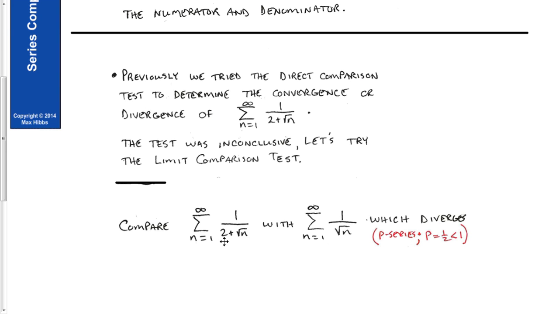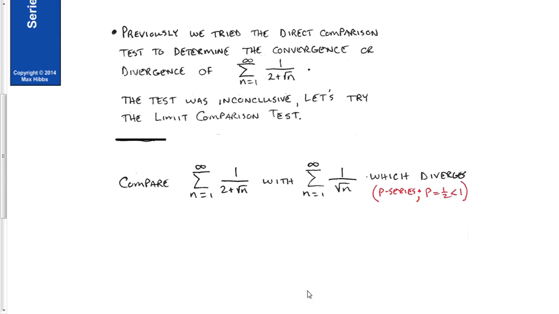Then we look at the denominator, and we disregard any term that doesn't have an n in it. There's only one term that has n in it, the square root of n, and that's really n to the 1/2 power, isn't it? And so this is the series we're going to compare to, which is a p-series where p is the exponent 1/2, and 1/2 is less than or equal to 1, I really should say. And so we know in that case that this series diverges.